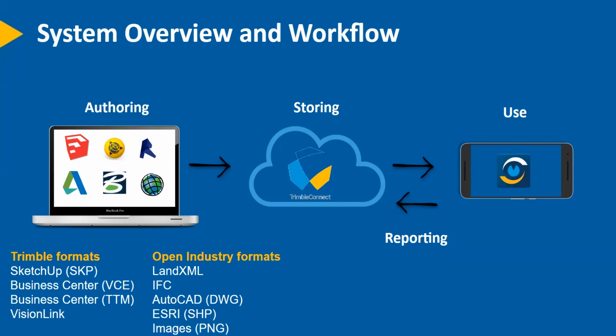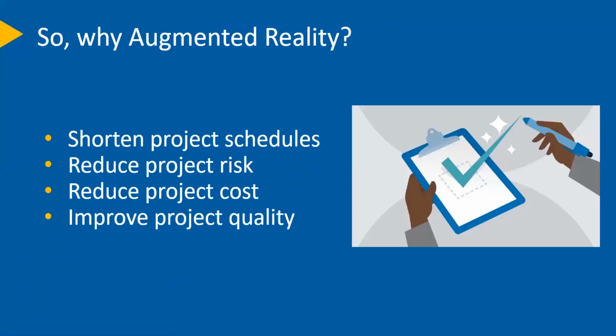So to wrap this up, the real reason why augmented reality is even a part of this conversation is that we believe augmented reality can significantly reduce project schedules from front end iterations over design, provide mitigation to project risk by identifying obstructions or speeding up the logistics planning process, which ultimately results in reduced cost to implement a project.